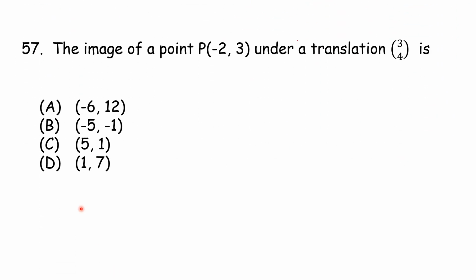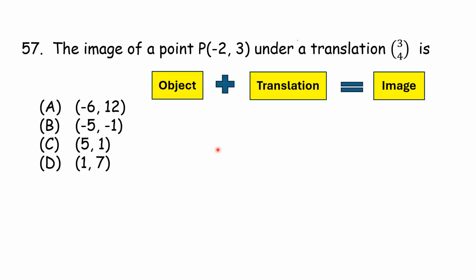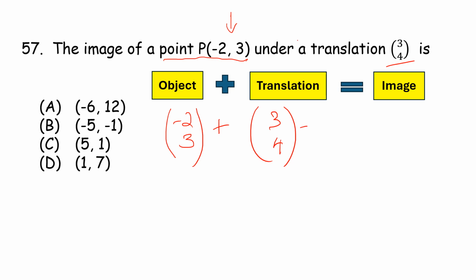Right, question 57, the image of a point P(-2, 3) under the translation (3, 4) is. So the rule is the object plus the translation equals the image. We write this as a column vector, (-2, 3) plus the translation (3, 4), and then we add.